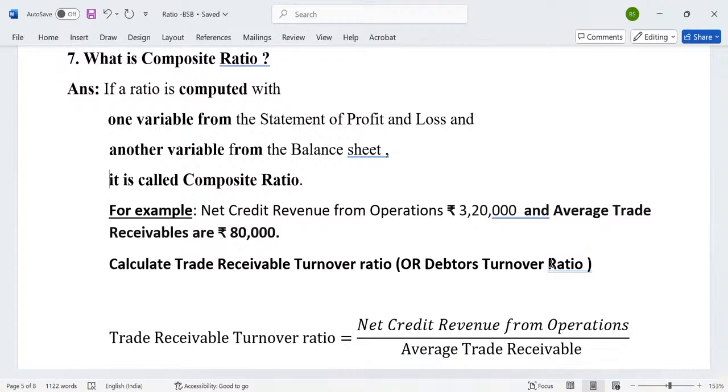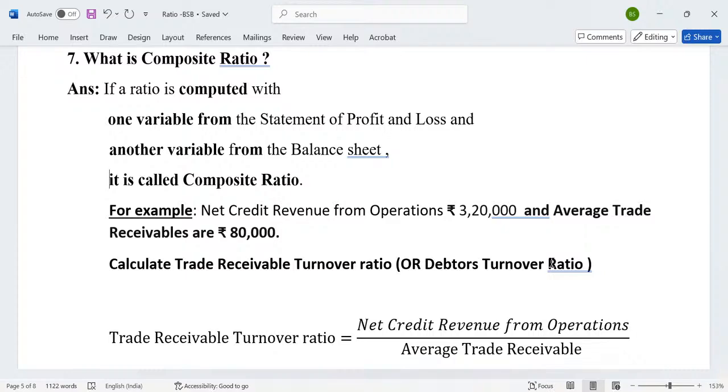Two variables are required: one for the numerator, another for the denominator. You take the two variables from two statements, one from the statement of profit and loss, another from the balance sheet. So when two variables are taken from two financial statements and you calculate one ratio, that ratio is called composite ratio or comparative ratio.